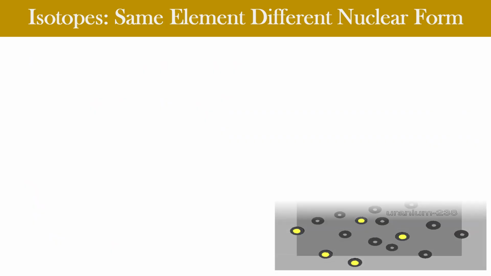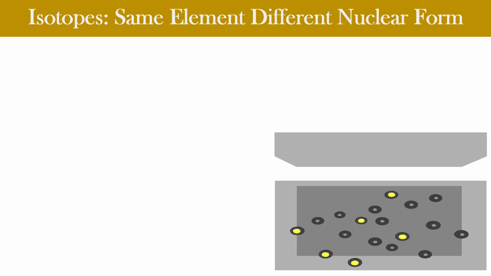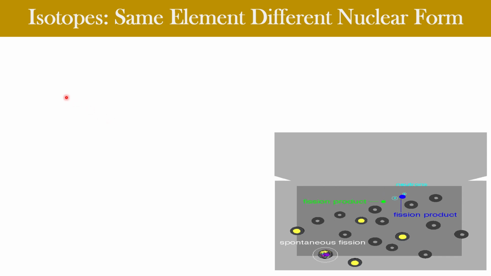Now we come to one of the most important concepts in radiation physics, that is isotopes. Sometimes atoms of the same element do not have the same number of neutrons. When the number of protons remains unchanged, their chemical identity remains the same.